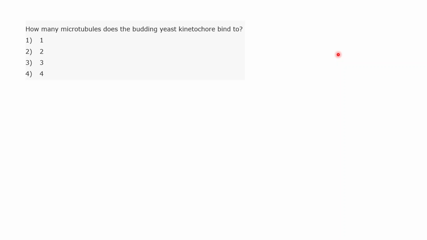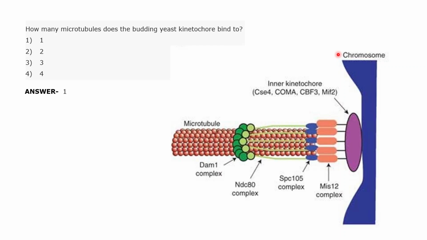Any other option? Okay, so the answer to this question is 1. The budding yeast kinetochore only binds to one microtubule.